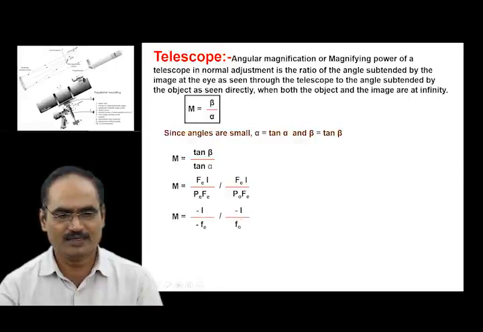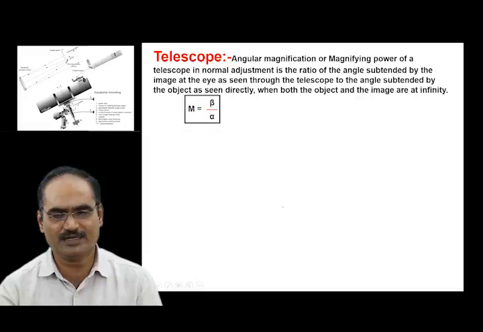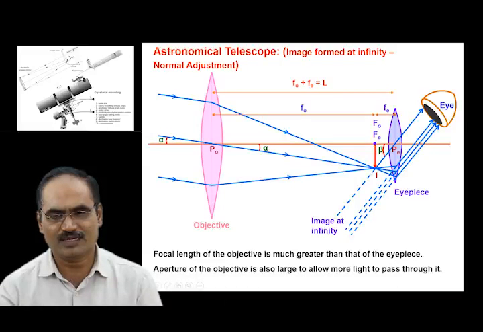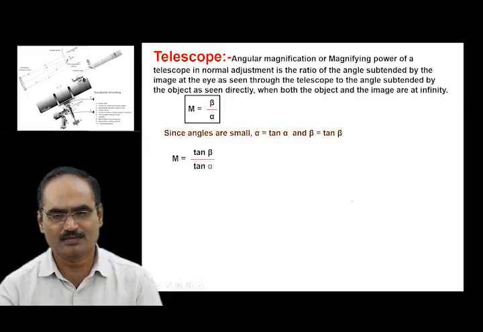So then here we can write it as the image height by fe, and the image height by f naught. Both are the same, right? If you take the same distances there, then if the height of this is I, both are the same, but only thing is both are in the negative direction because it is downward.